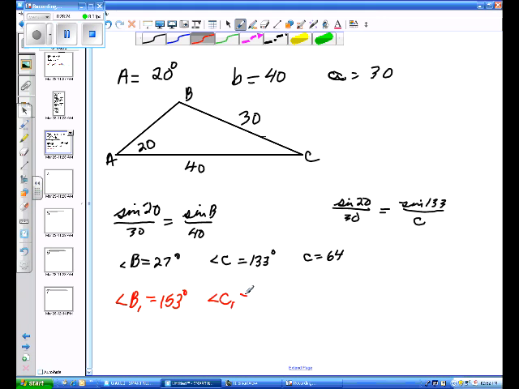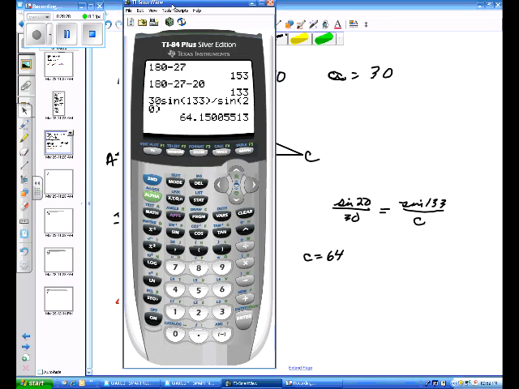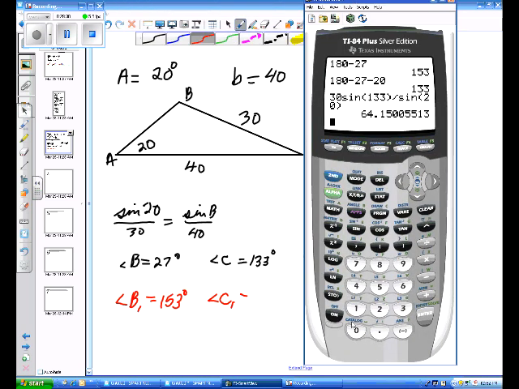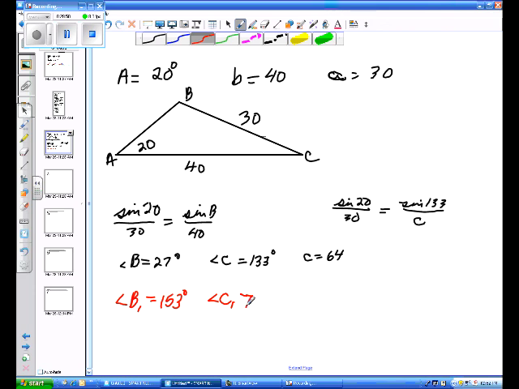So that would mean that angle C would be 180 minus the 20, that was our angle that was given, minus 153, which is 7. So in this case, we are going to have a possibility of two triangles. So C could be 7 degrees, B is 153 degrees, and A is 20.